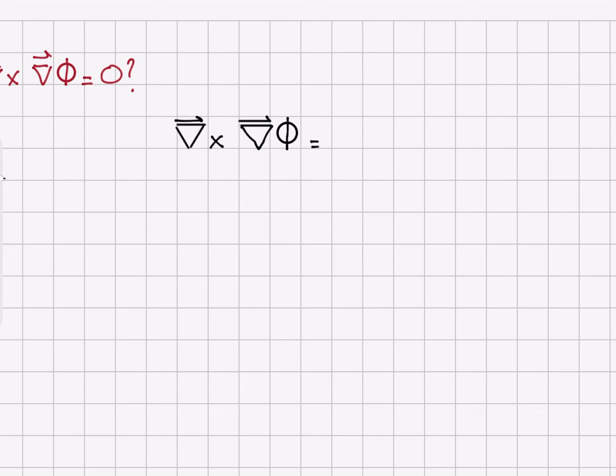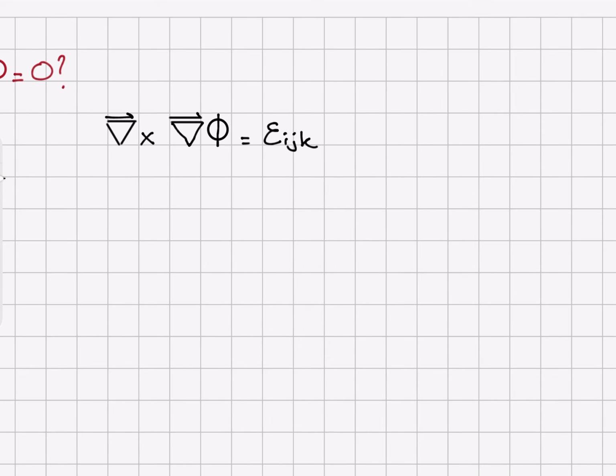This is now epsilon ijk, Levi-Civita symbol, jth component of the del operator, del xj, and then the k component of the gradient of phi, and this is going to be in ei hat direction.